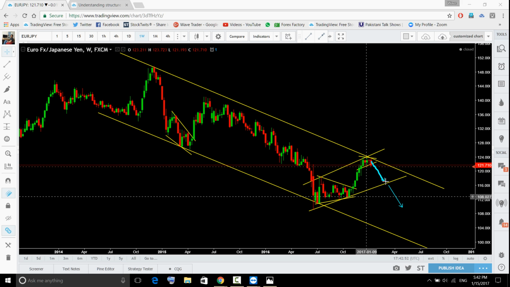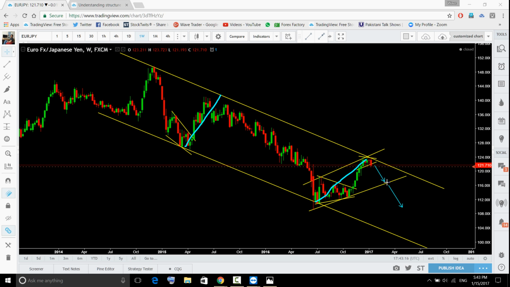I'm gonna watch for the price action. I'll explain later on. The first move I will look for is within the channel, and if price breaks down, then we'll look for further downside. The move is something like this.